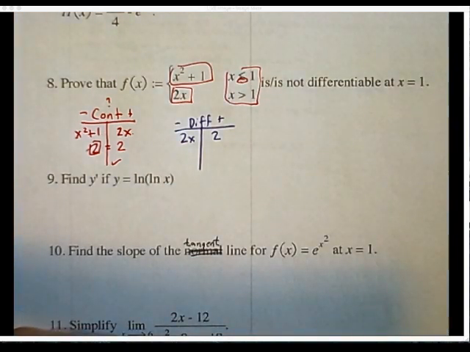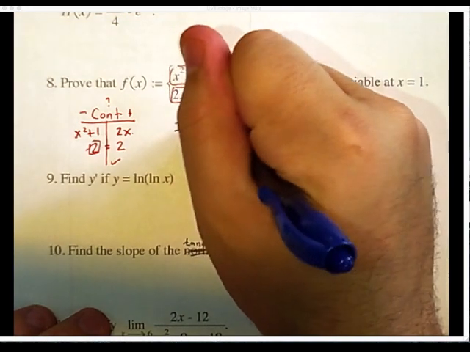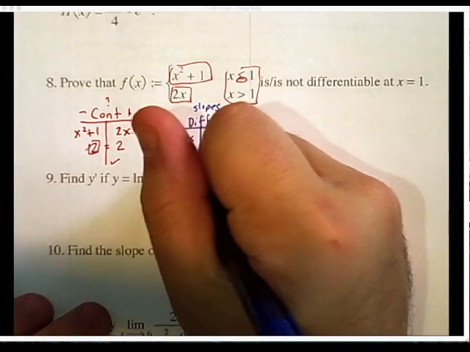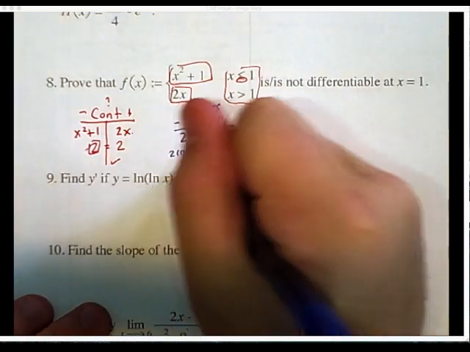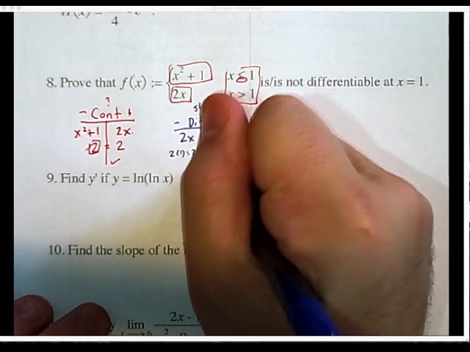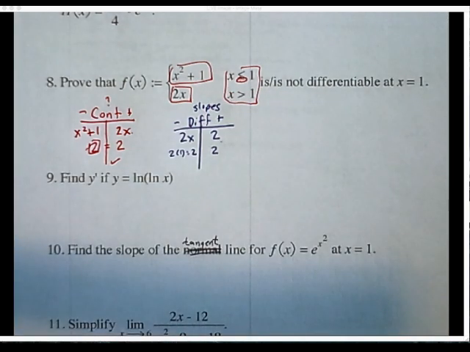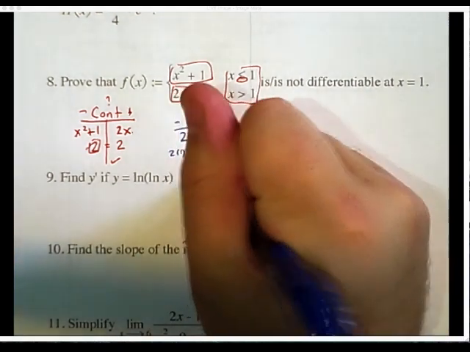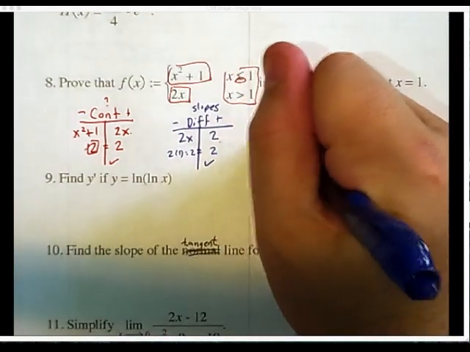This has to do with the slopes. If I plug in 1 everywhere I see an x, 2 times 1 is 2. Here there's nowhere to plug in a 1, so that's also 2. So does 2 equal 2 here? Yeah, that works. So it is differentiable.